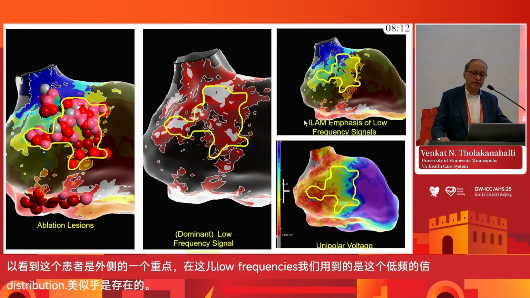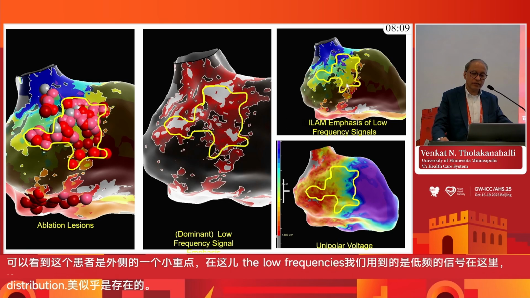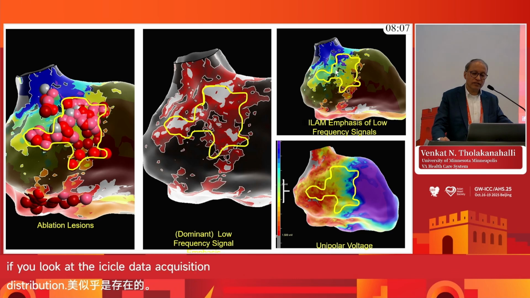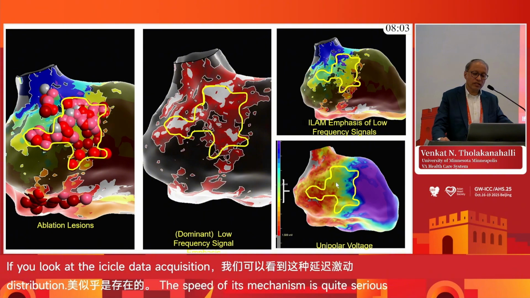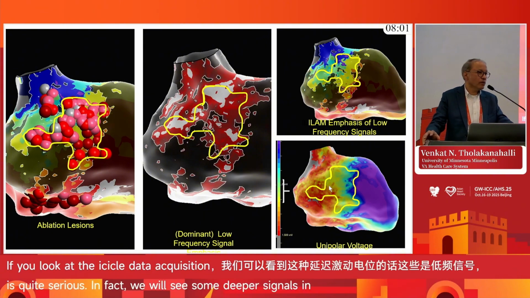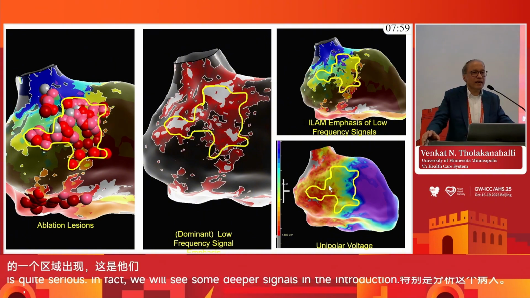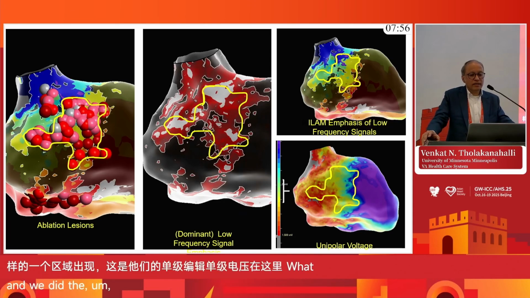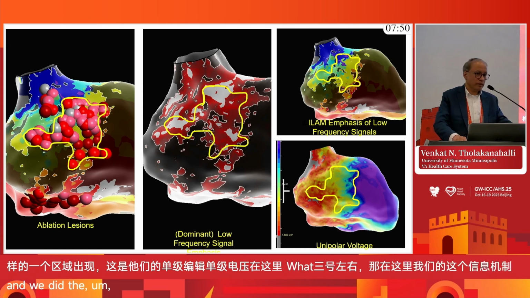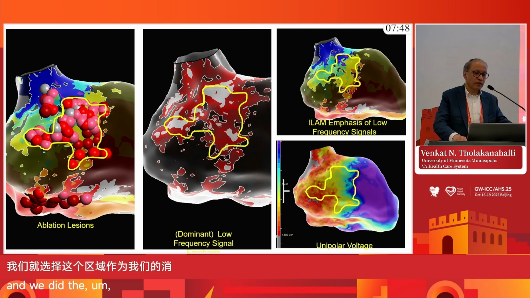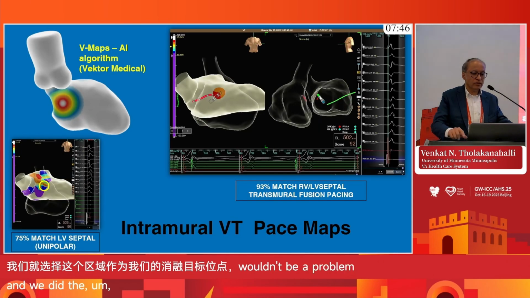If you look at the isochronal late activation mapping, it falls into these low frequency signals in the same location, and the unipolar voltage is in the 5 to 6 millivolt range. That gives you an idea that what you are dealing with is a mid-myocardial substrate, and hence targeting those areas with a much more powerful tool in the form of a bipolar ablation would be helpful to target those lesions.